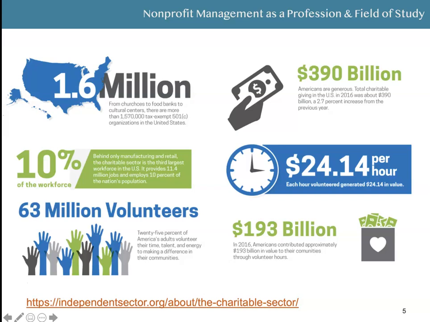The COVID pandemic has certainly affected that in a lot of different ways. A lot of where money is donated has shifted. But this is a pretty significant part of our U.S. economy, and it's worth studying.